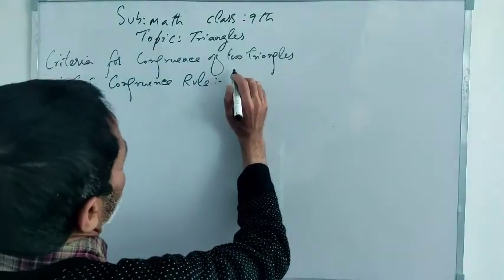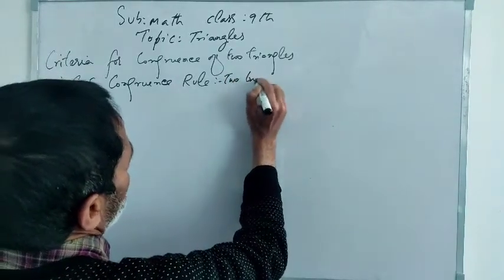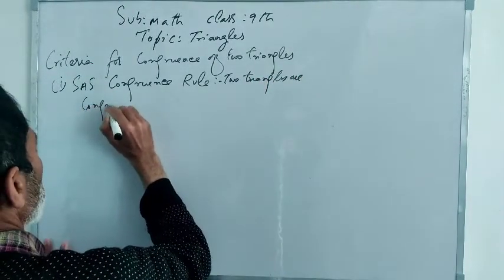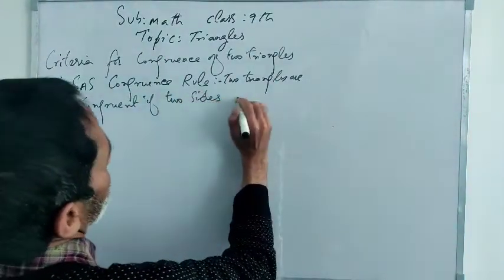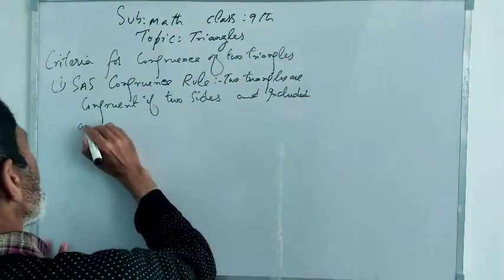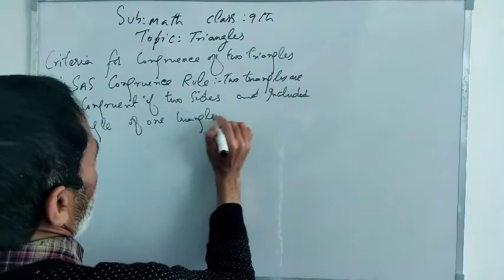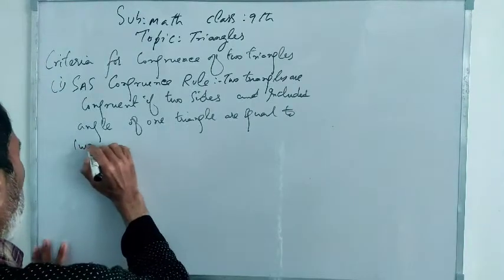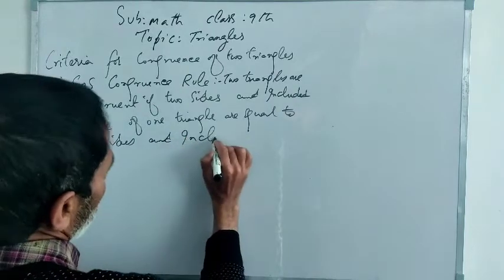This rule states that two triangles are congruent if two sides and the included angle of one triangle are equal to two sides and the included angle of another triangle.